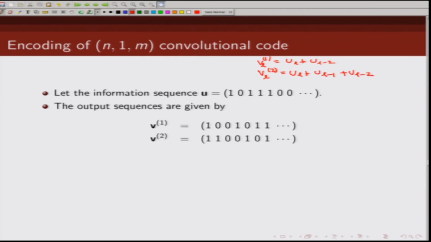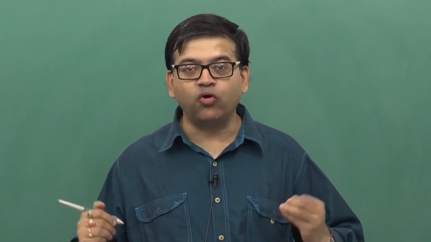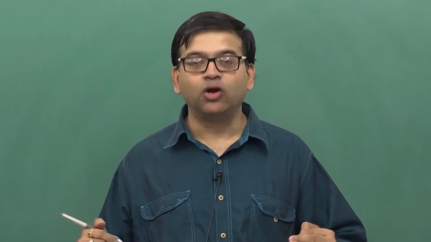Now, note when the first input UL, which is 1, comes, what is the output? To specify the output, we need to specify what were the initial contents of UL minus 1 and UL minus 2. So, initially we will assume that the convolutional encoder was in all 0 state. What do we mean by all 0 state? We are assuming that initially the contents of the shift registers were all 0.